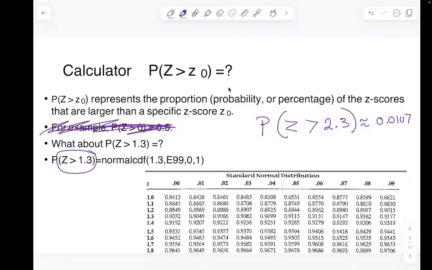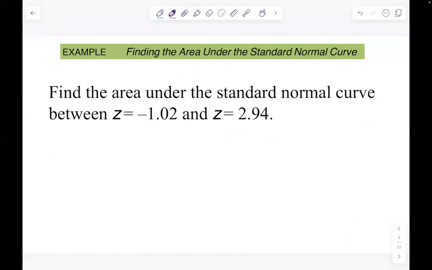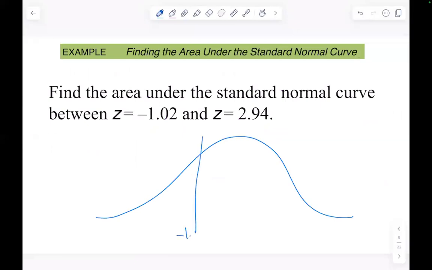All right. We getting there? Doing okay? All right. So now we're going to find the area in between. If I was looking at a picture of a normal curve, my negative 1.02 is right about here, and then my upper 2.94 is way over here.